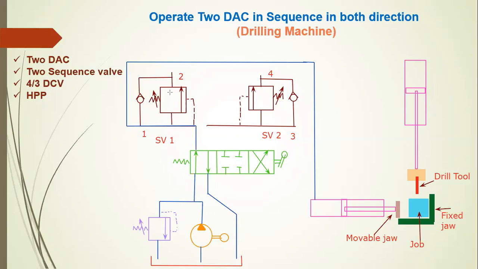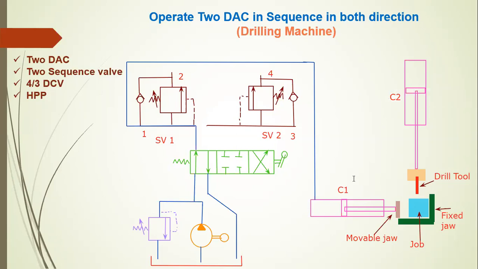from the first sequence valve, and oil comes out from this second point of SV1, and the oil passes from SV1 into the second cylinder. Here we give names for the cylinders: cylinder 1 and cylinder 2, C1 and C2.